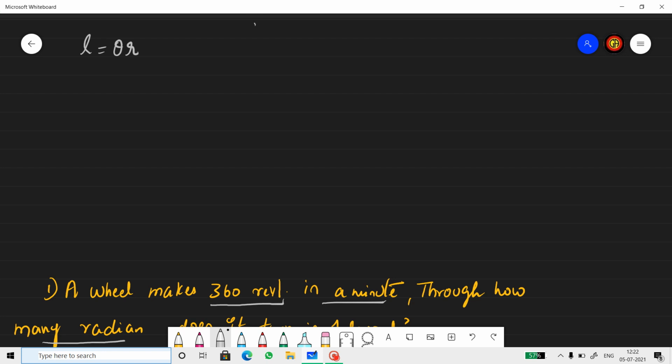Now let's consider a circle whose radius is r. It's the same proof that I gave you in proving the radian conversion to degree. So the arc length of a sector is what? L is equal to theta by 360 into 2 pi r, isn't it? Now we know 2 pi is equal to 360. So L is equal to theta into r.